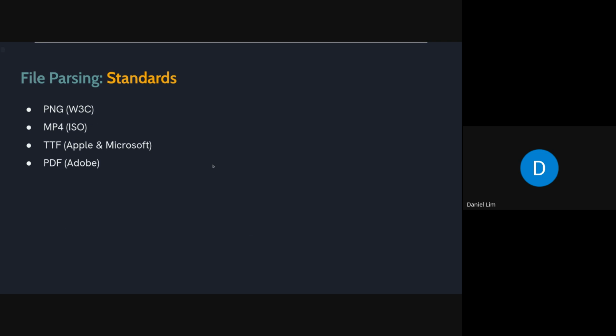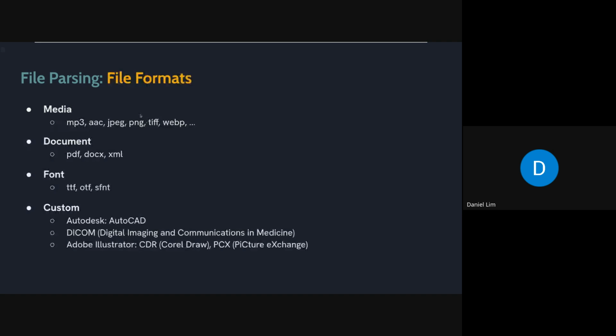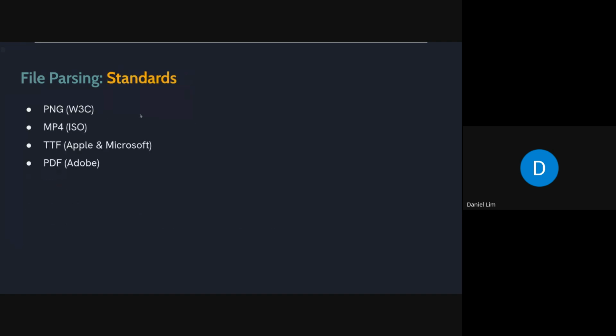Then you'll see maybe they cannot 100% follow the specification. Okay, so here we should also know that for file parsing, there are a lot of standards. For example, PNG is by the W3C, MP4 is by ISO, TrueType font was developed by Apple and Microsoft, and PDF by Adobe.